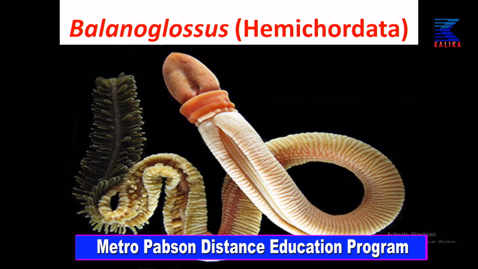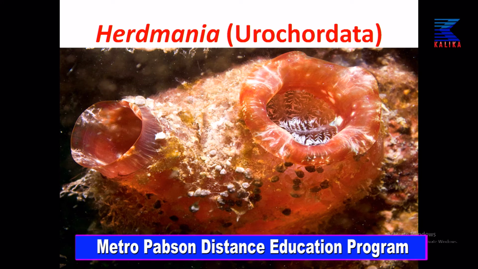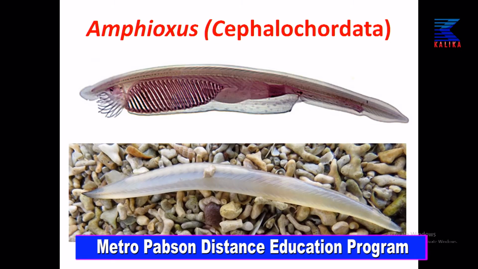So let's have a look at the pictures. This is Hemichordata. The notochord is present in the anterior half part of the body. Example, Balanoglossus. Herdmania, Urochordata: the notochord is present only in the tail part of the body, not the head part.